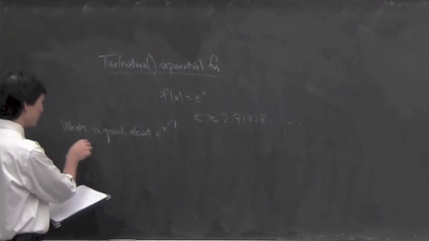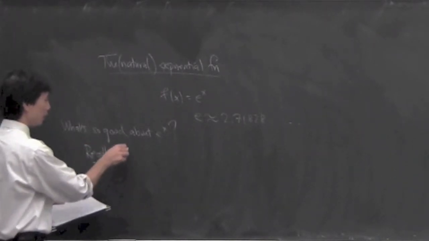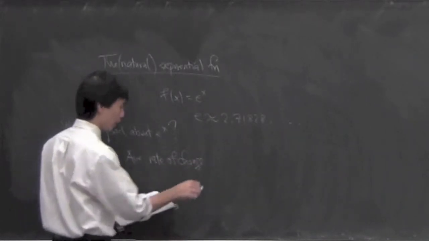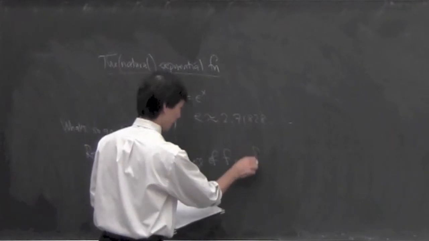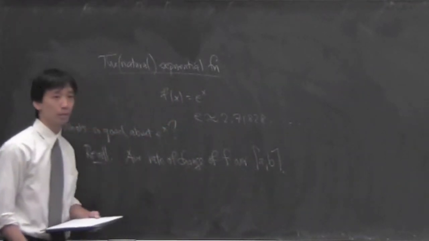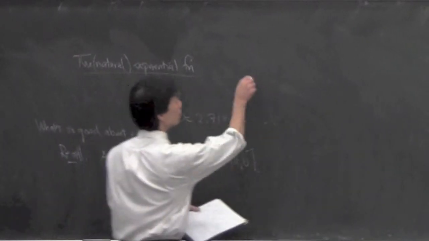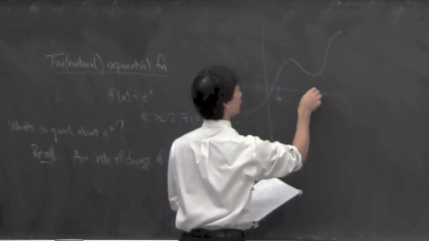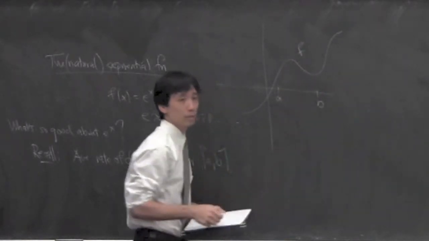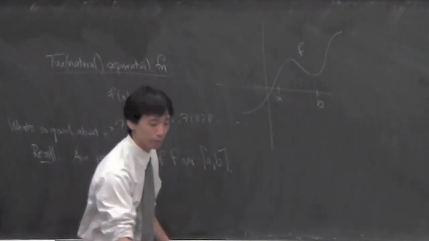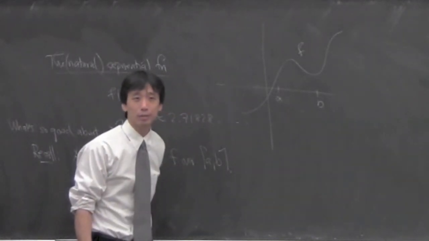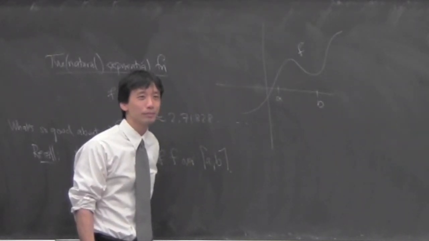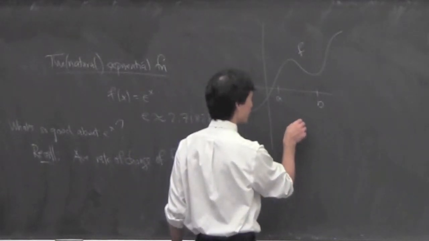So here's one thing that happens. Let's recall the average rate of change of some function over a, b. We have some function f, and the first function value minus the second.